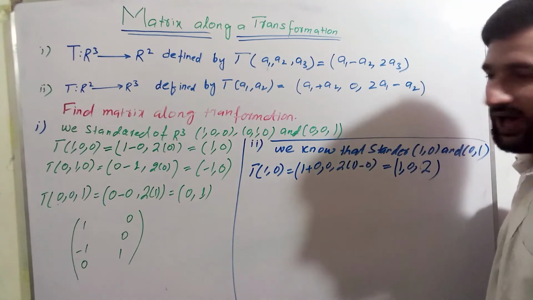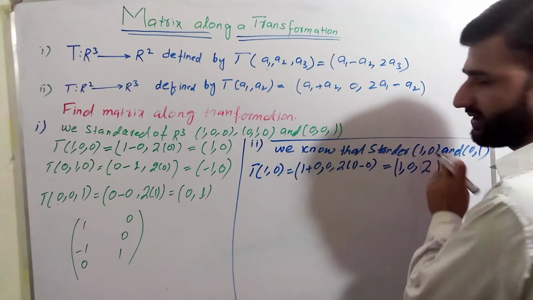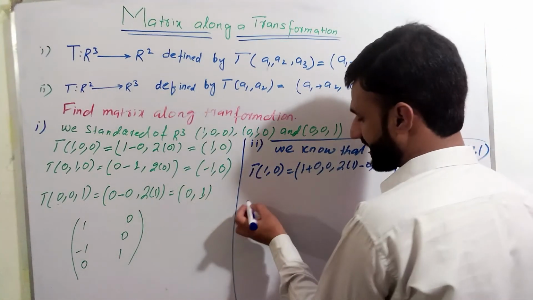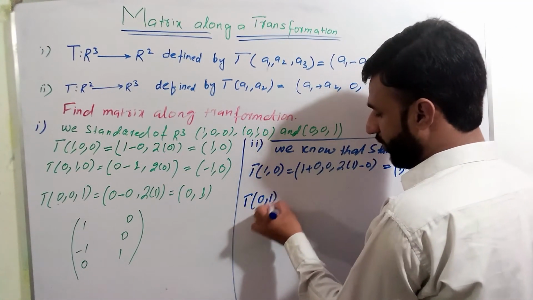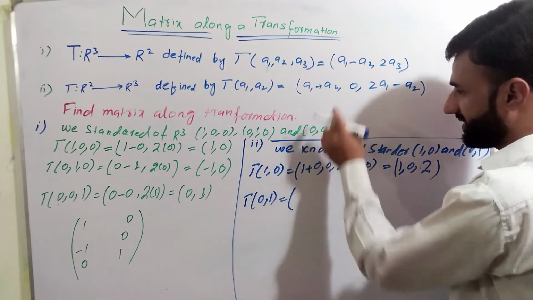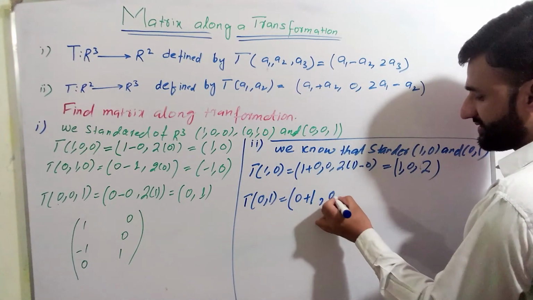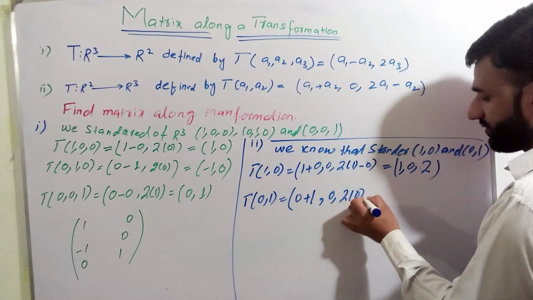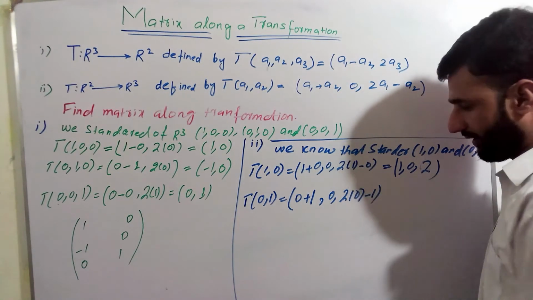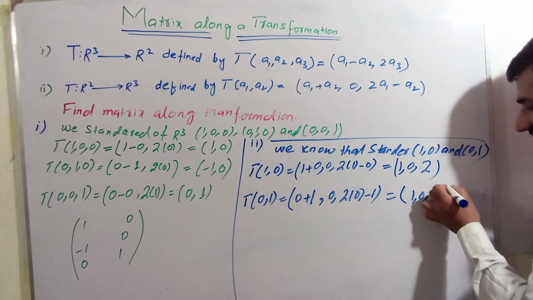This is the first value, along which we put the standard basis 1 0. Now we put the second standard basis vector, that is 0 1. Putting it in the right side of the expression, here is 0 plus 1, 0, 2 into 0, that is negative of 1. So we have obtained the term 1 0 negative of 1.